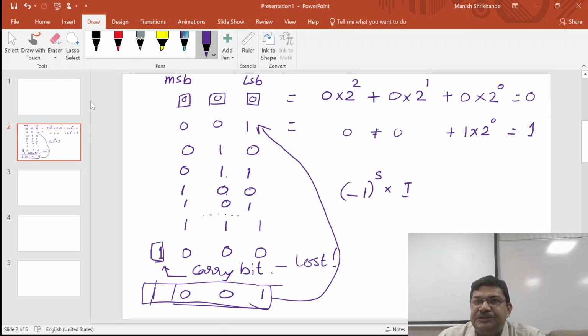And the sign bit is 0. So the magnitude of the number is plus 0, plus 1, plus 2, and plus 3.